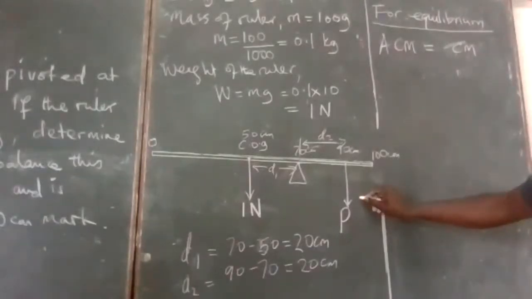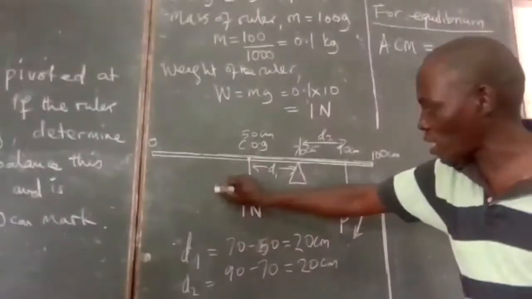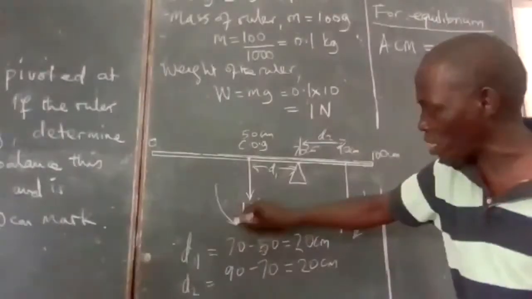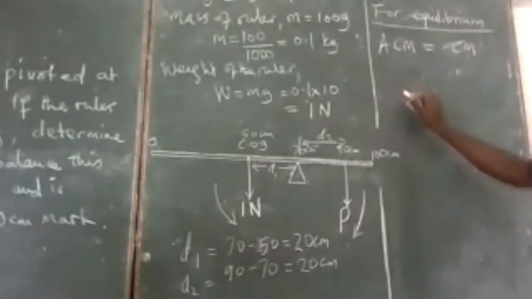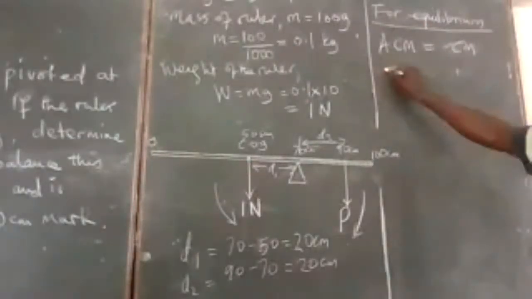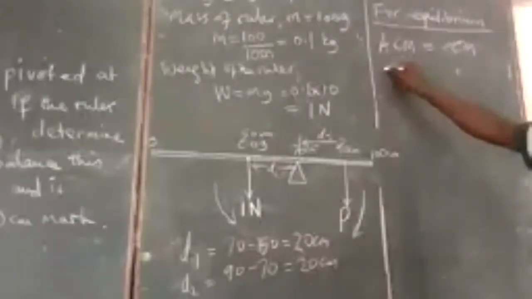Yes, teacher. So this arrow points in that direction. This arrow points in that direction. So can you give me the anticlockwise moment? Is it P times 0.2?